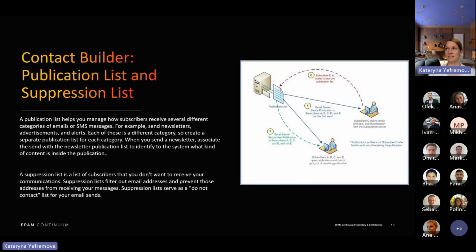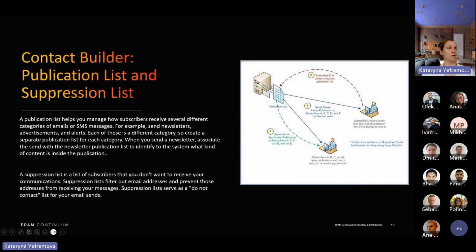In this case, if a person dislikes one of these communications, this person can opt out from just one of the publication lists, let's say events, but will still get all information from the two other publication lists.